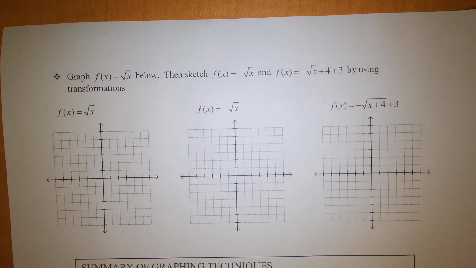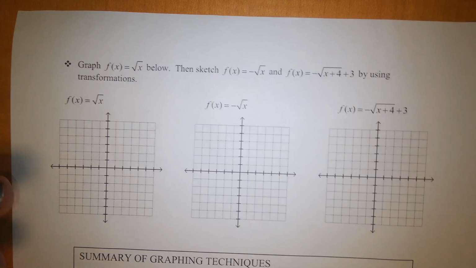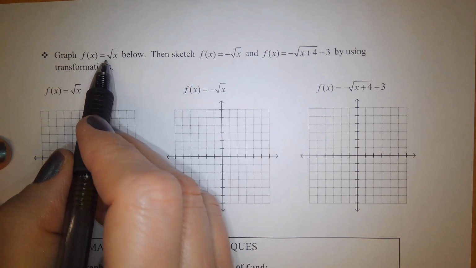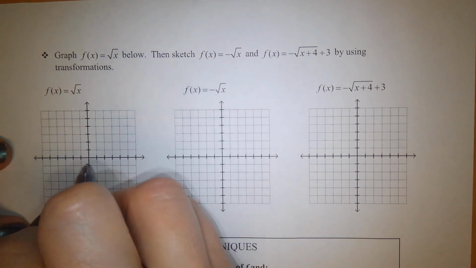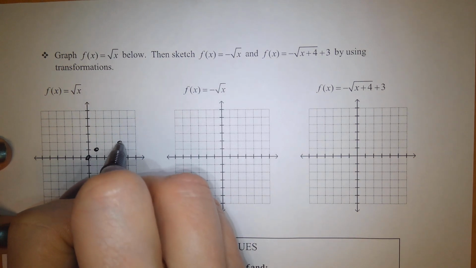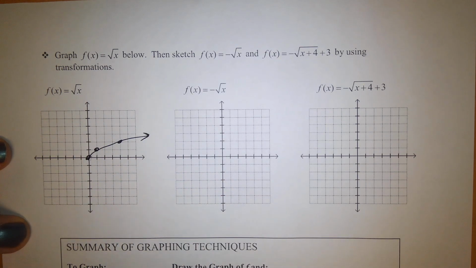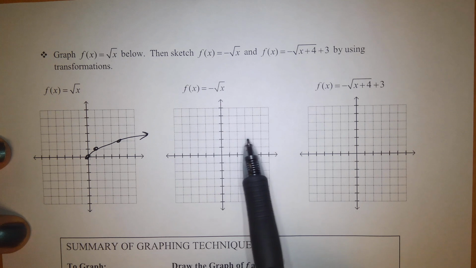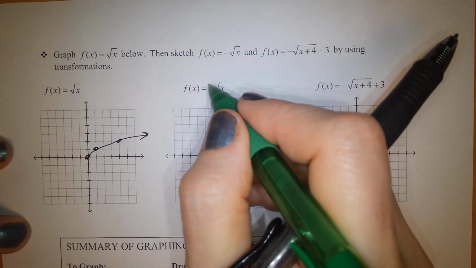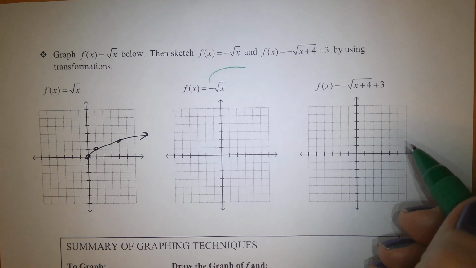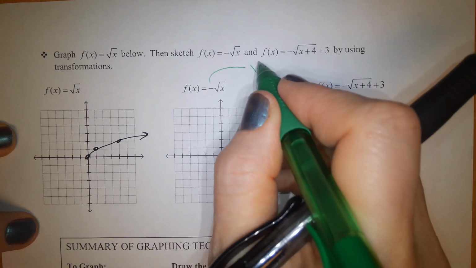Finally, we have one last problem to tie it all together. So on this last example, we're going to take the square root function, which we have some key parts for, and we're going to do these transformations to it. Negative on the outside of a function is an x-axis reflection.